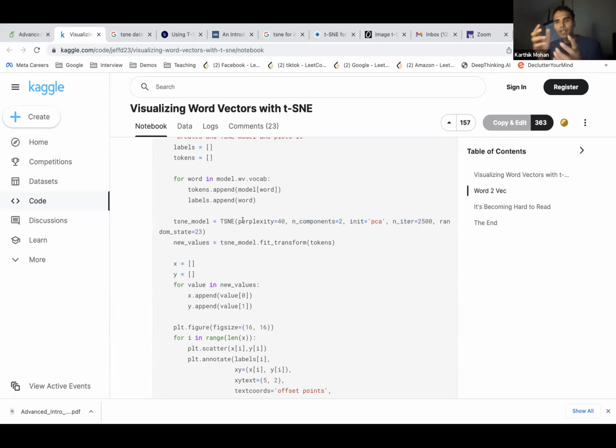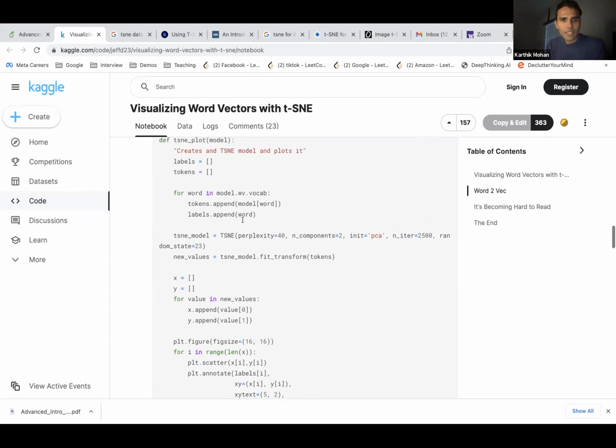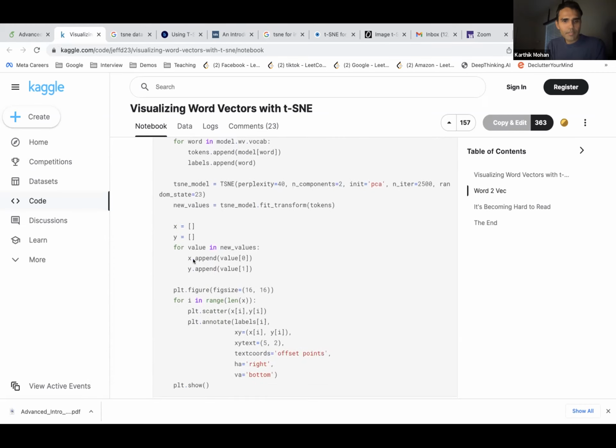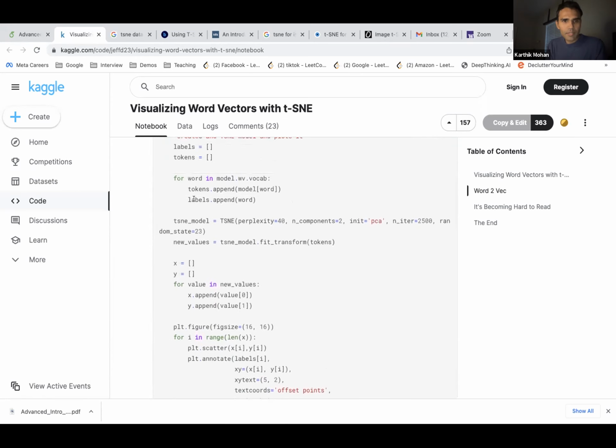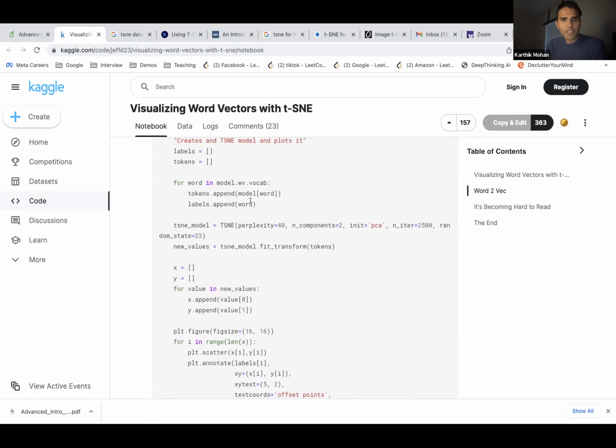Perplexity is another thing you can play around with in your assignment, where the higher the perplexity, the more separated these clusters will be, and the lower, the closer they are. That's something you can take a look at. So yeah, X and Y represent the 2 dimensions, and the labels represent what the word actually is, right?